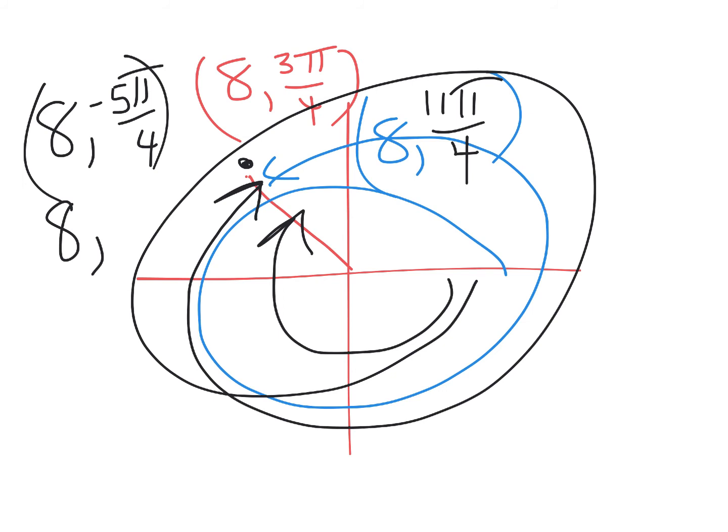And then you just go back to where you started. Maybe that helps. So negative 13. There it is, our 13 theme, negative 13 pi over 4. Any questions on that one? Okay, so there's a lot of different ways we could say that point.